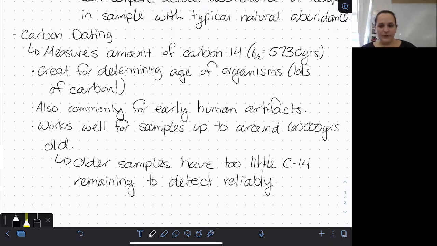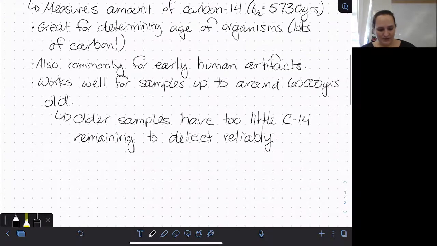Solving these types of problems is exactly like what we were doing yesterday, except we are generally solving for t, the time that has passed since something was created.